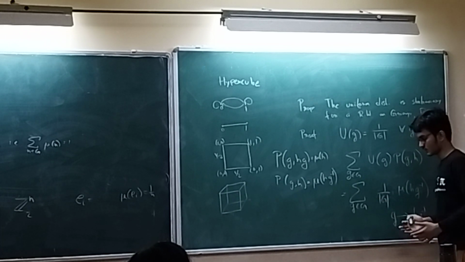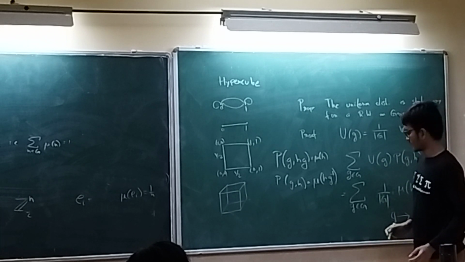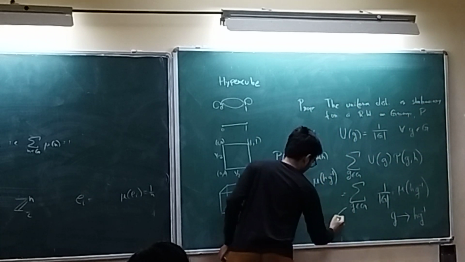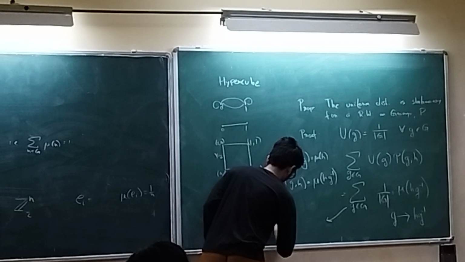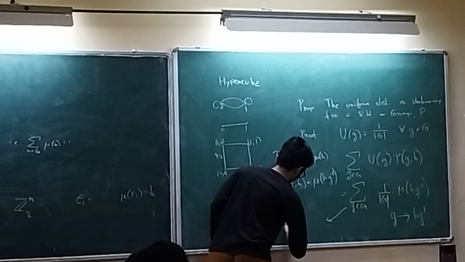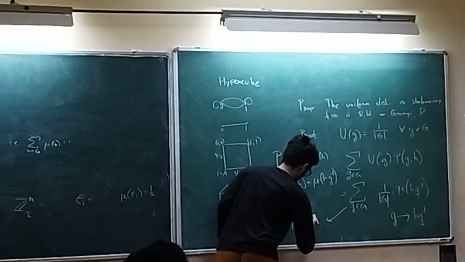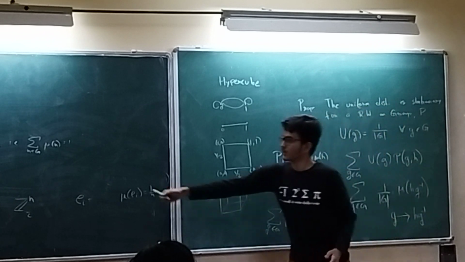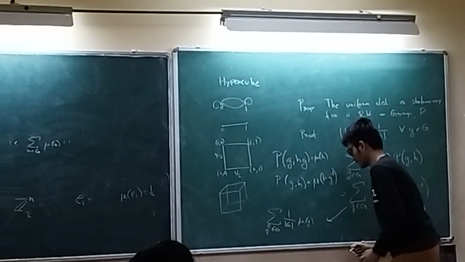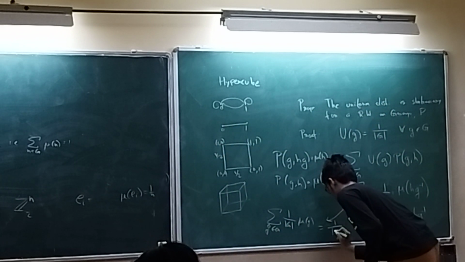So this comes out to be the summation over g belonging to G of 1 by the size of G times mu of g. What is the summation of mu of g? 1. So this comes out to be 1 by the size of G.